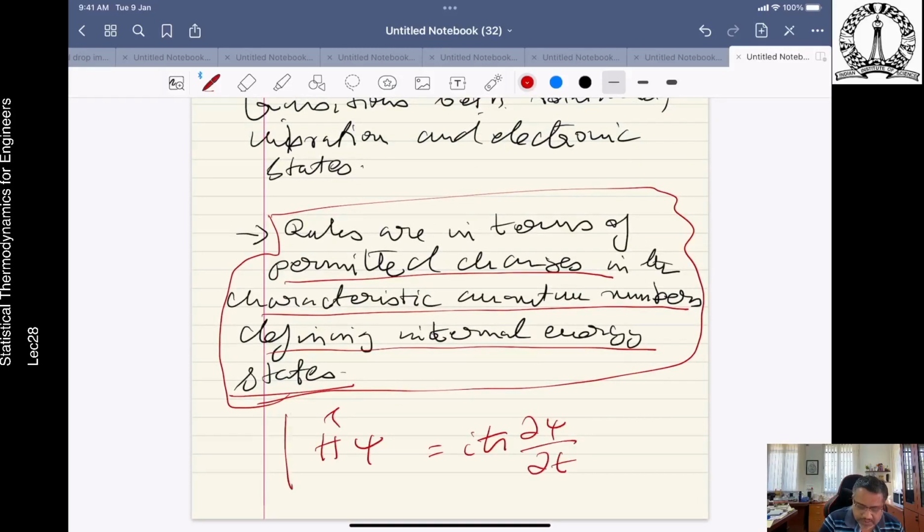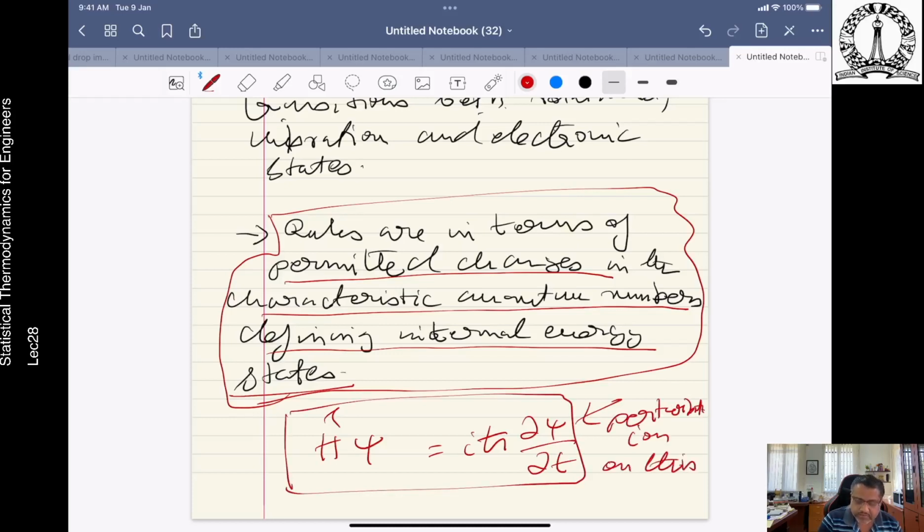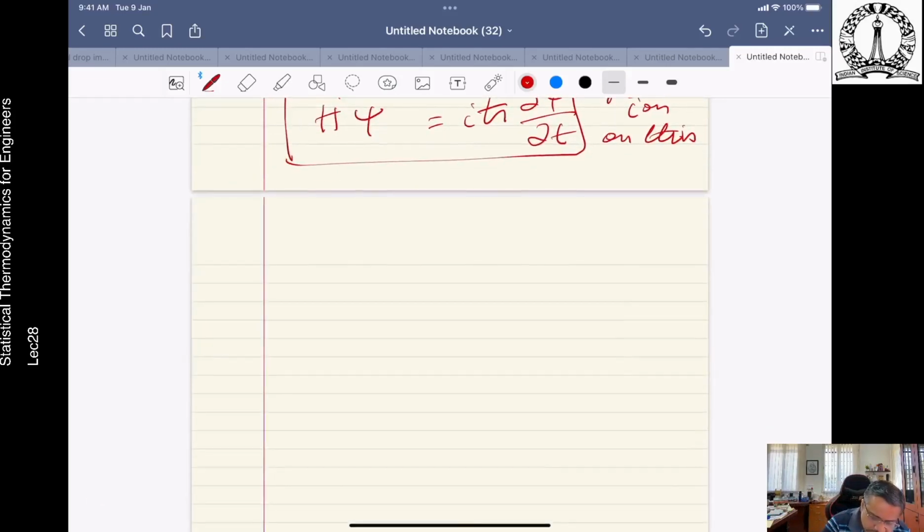So you apply a perturbation on it and determine the transition probabilities.